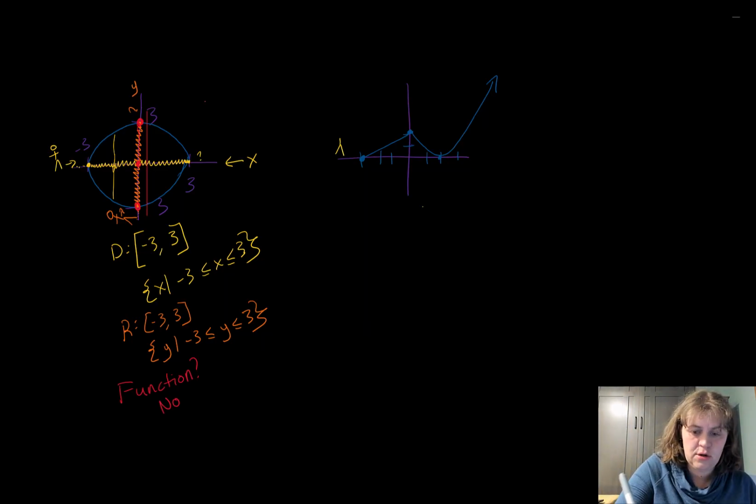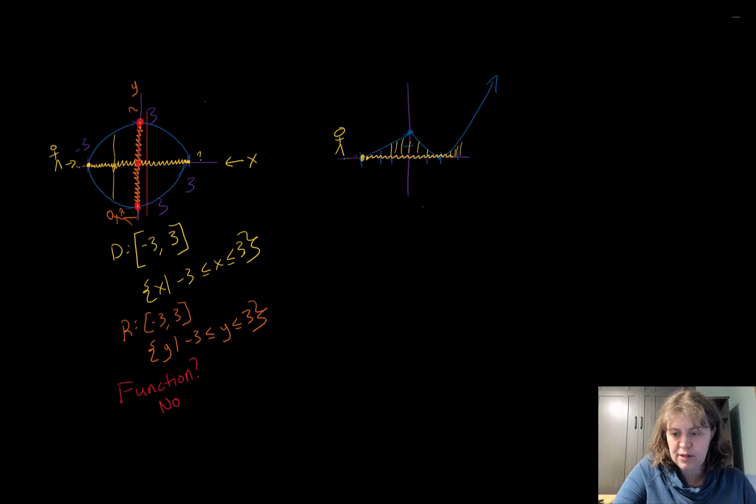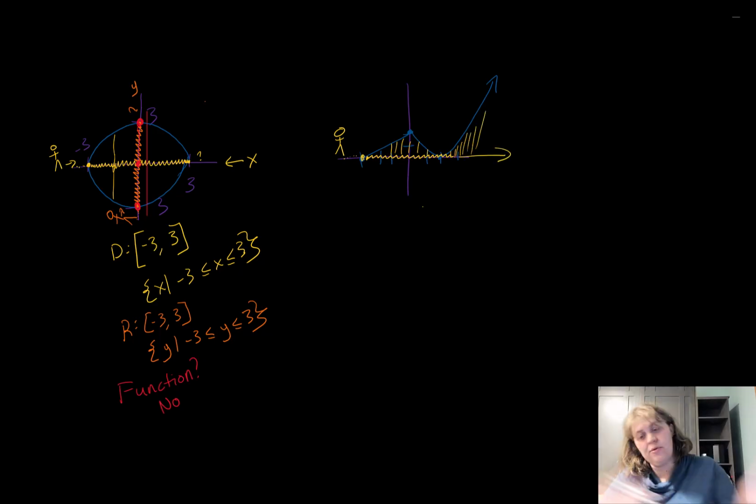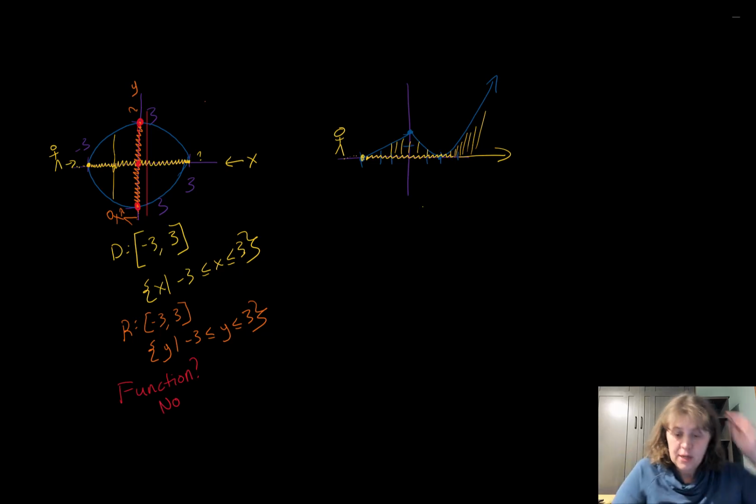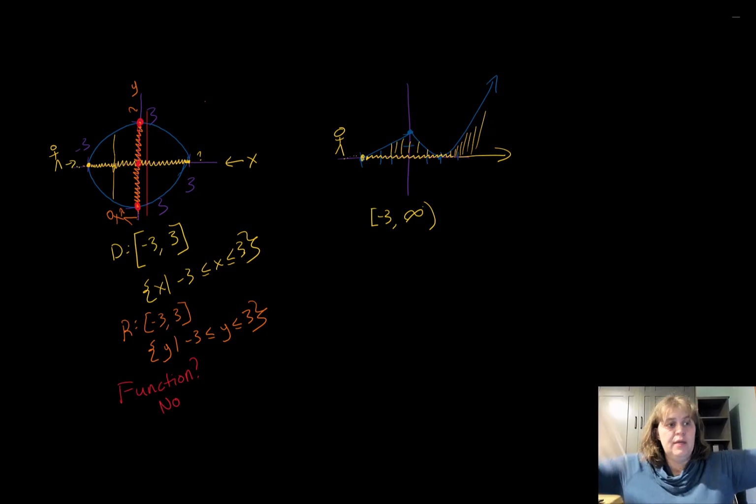There's a dot. It doesn't hit the function until right here. And then yes, we still have the function, still have the function. So there's function stuff up here that we're mapping to and still grabbing hold of. Uh-oh, we've got an arrow going off this way. So that function will just keep heading off in that direction. So my domain starts at -3 and keeps going off to infinity. Yay! To infinity and beyond.